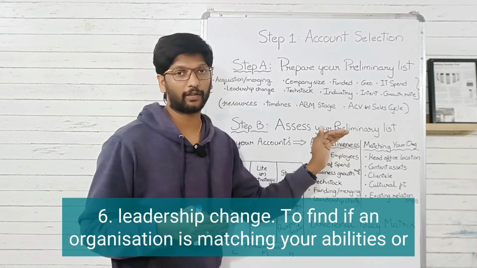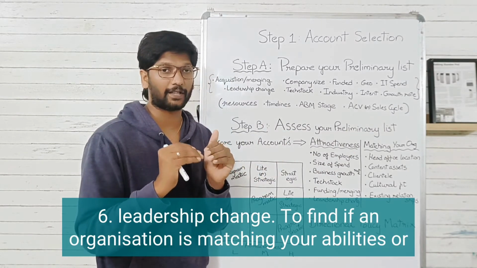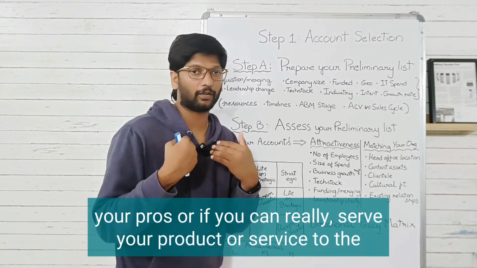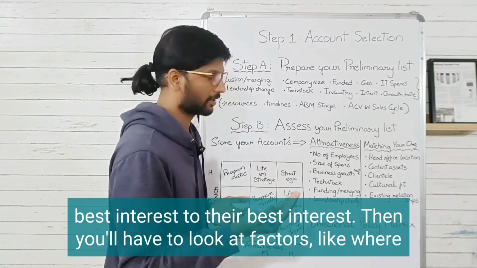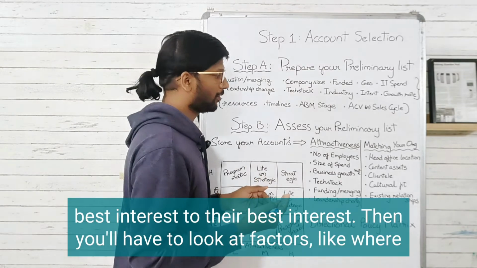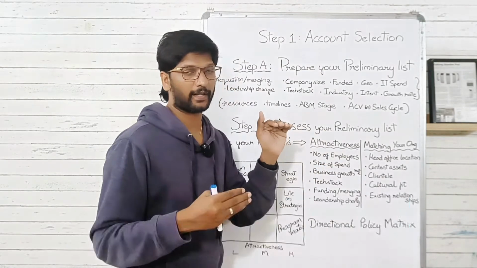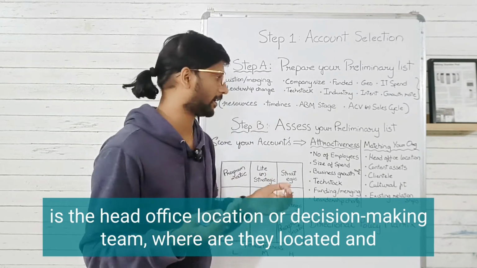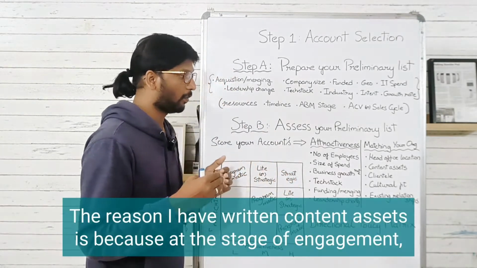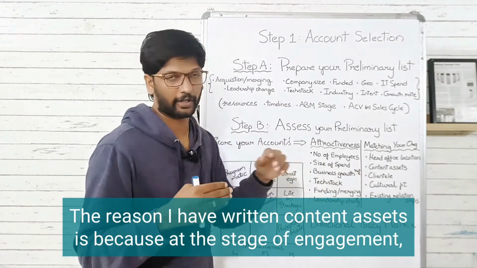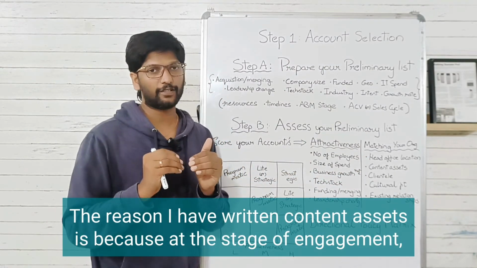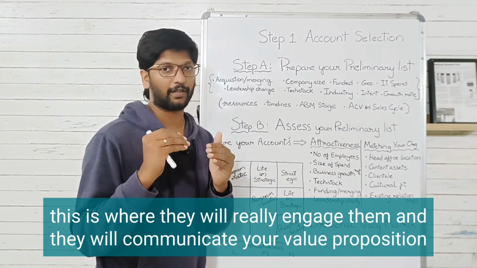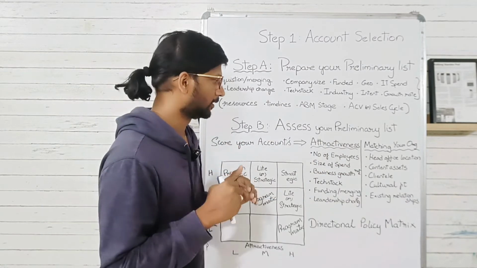When it comes to finding out if an organization matches your abilities, and whether you can really serve your product or service to their best interest, then you will have to look at factors like where their head office or decision making team is located, and how well your content assets fit. The reason I have written content assets is because in the stage of engagement, this is where you will really engage them and communicate your value proposition as well.